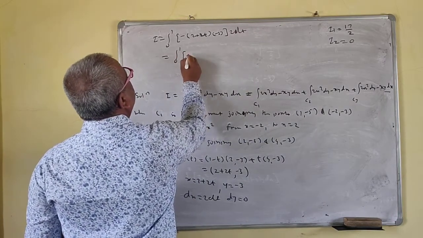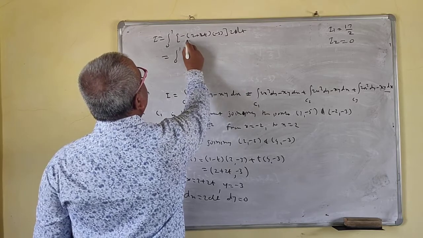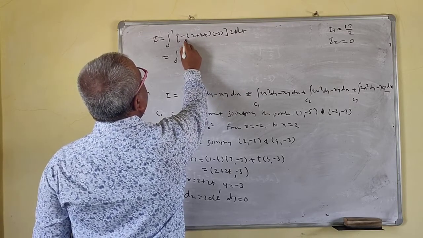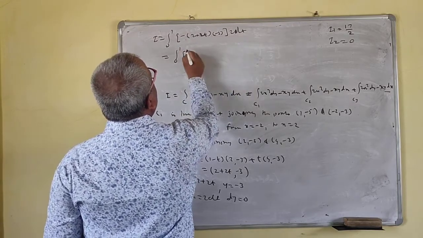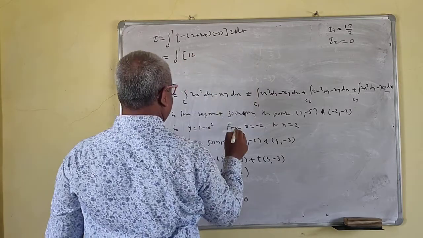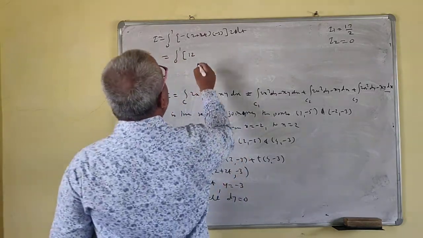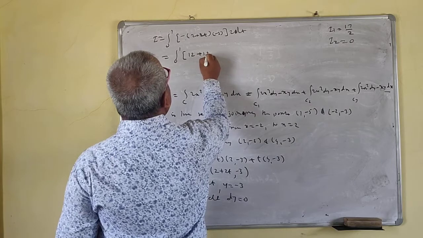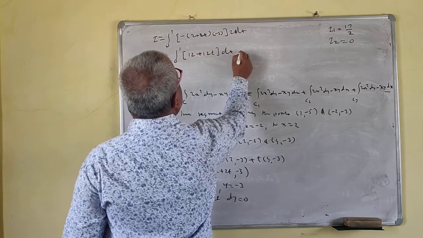0 to 1. So this is 3, so 3 means 6, 6 means 12. 12 plus 12t dt.